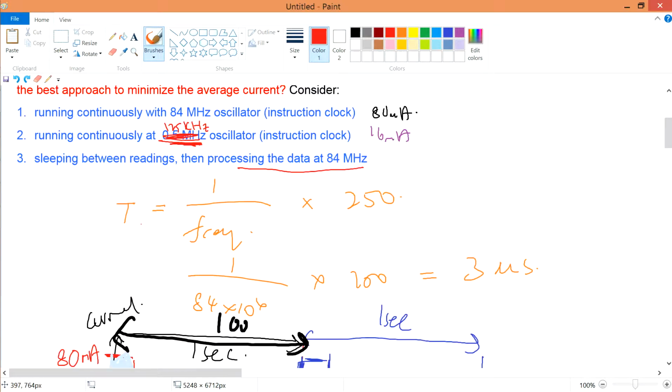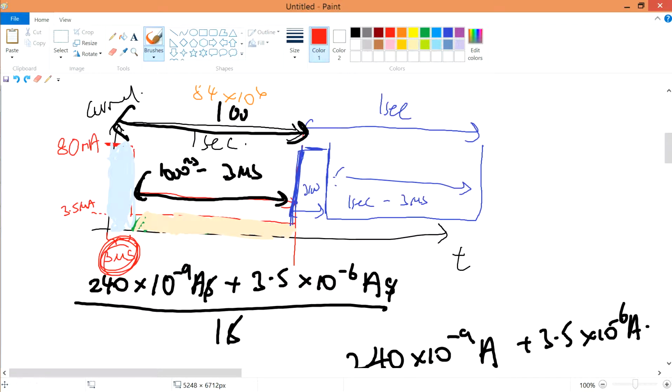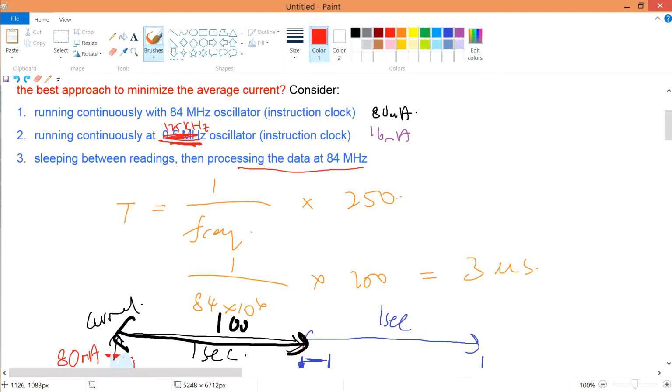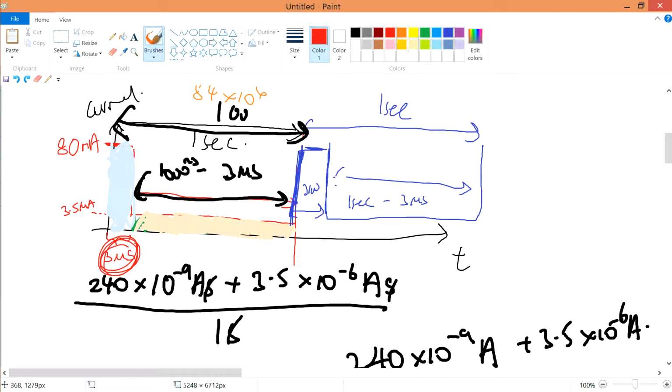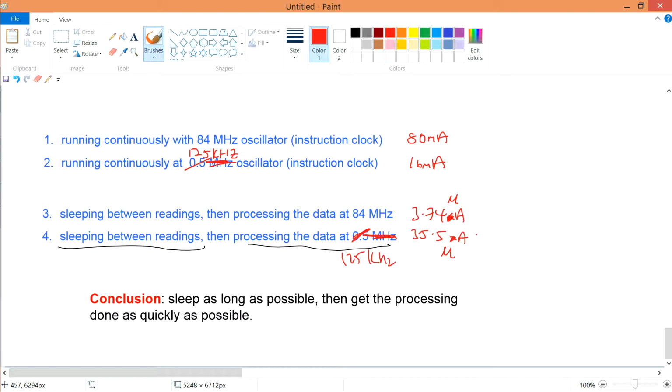If you are running at a high speed, at 80 megahertz, then you're using 3 microseconds to take in 250 data. So this conclusion is very powerful: sleep as long as possible, then get the processing done as quickly as possible by increasing the frequency.